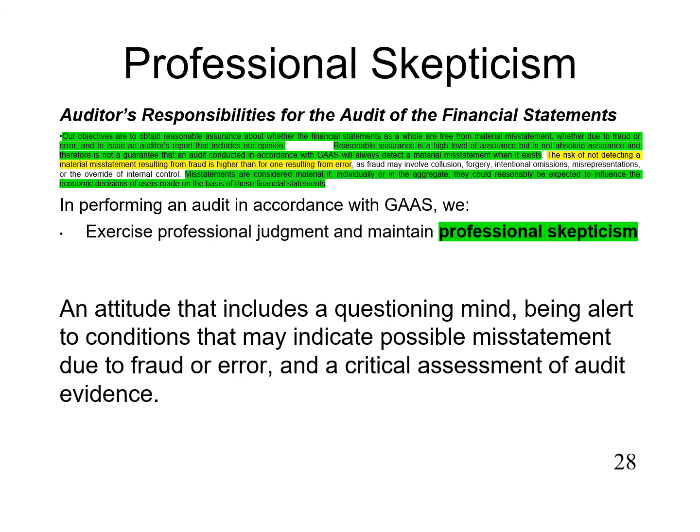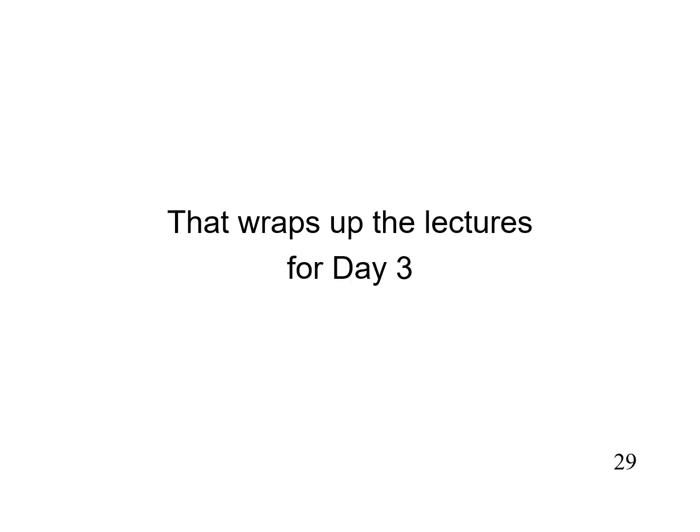Even if it indicates a possible misstatement, we have to think about it. Three, critical assessment of audit evidence. So professional skepticism is a biggie, and we're going to find out that's really, really tough for audit professionals. Really, really tough. So, one, an attitude that includes a questioning mind. Two, being alert to conditions that may indicate possible misstatement. Three, critical assessment of audit evidence.